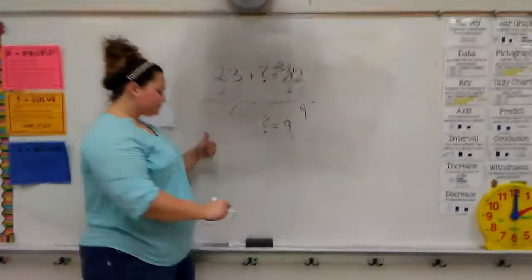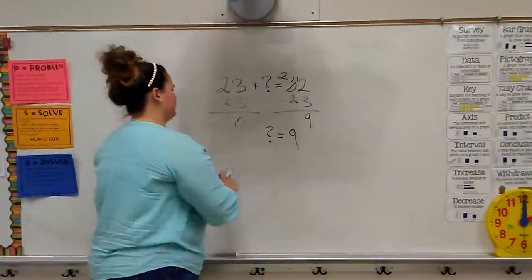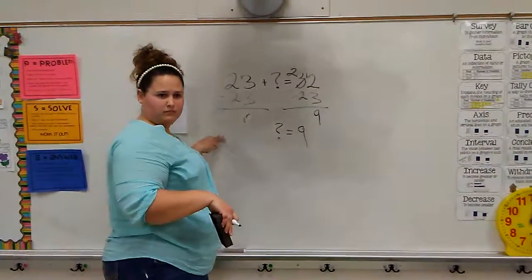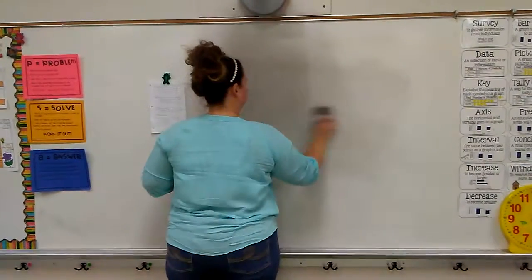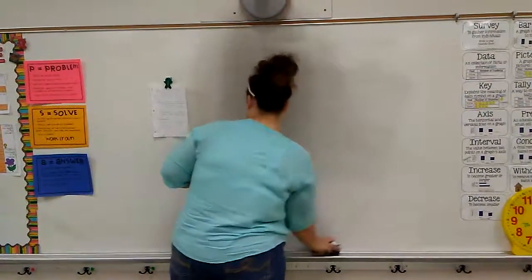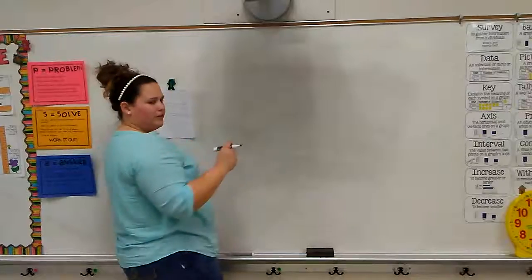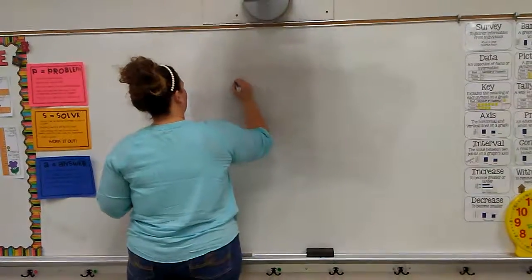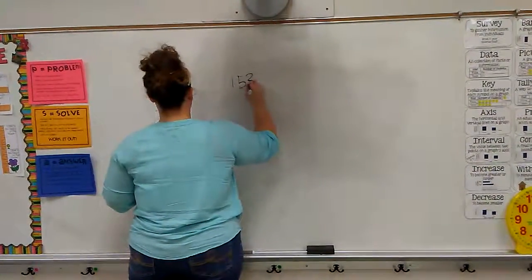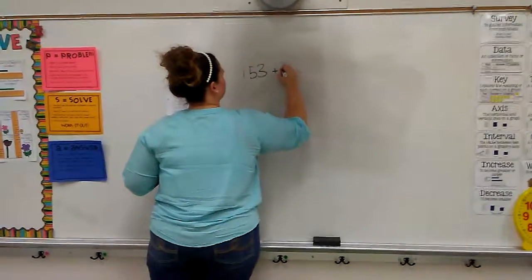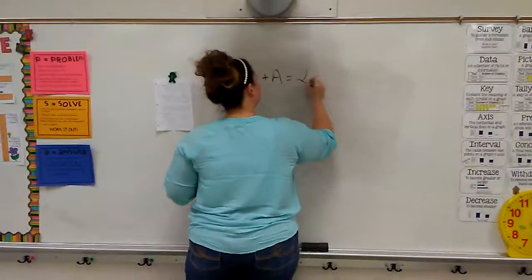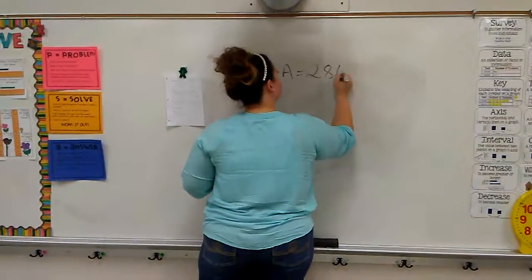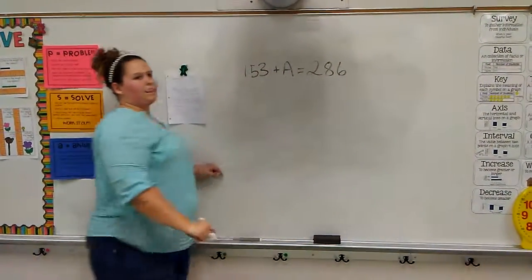Now let's try another problem here. Y'all got this written down? Perfect. Okay. So this one's going to be a little tougher. 153 plus A equals 286.